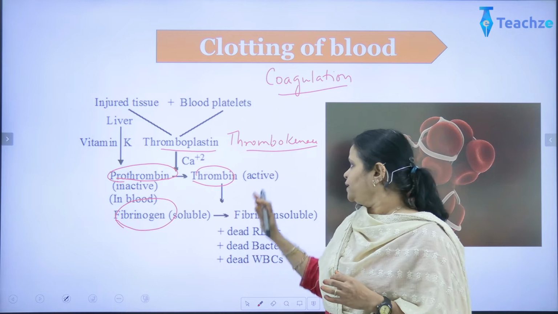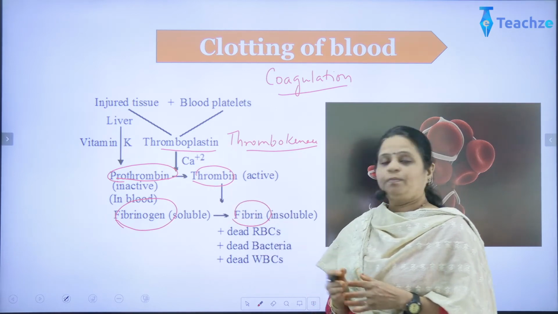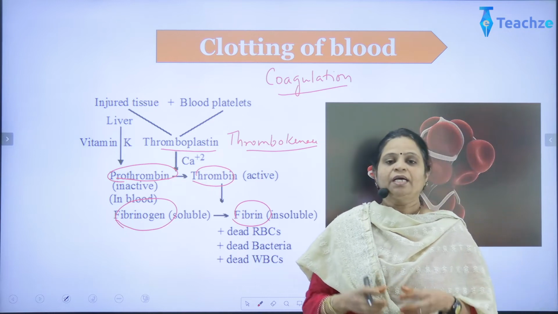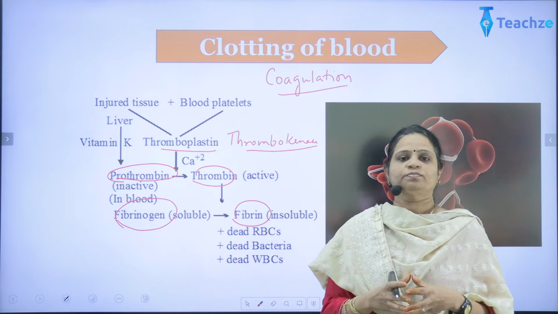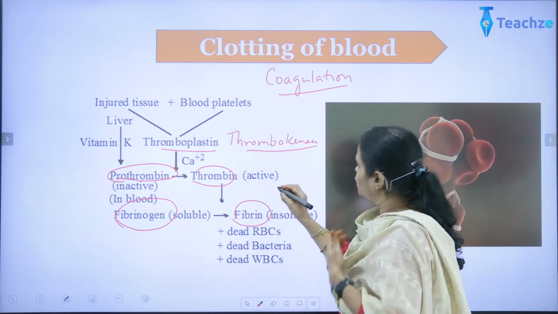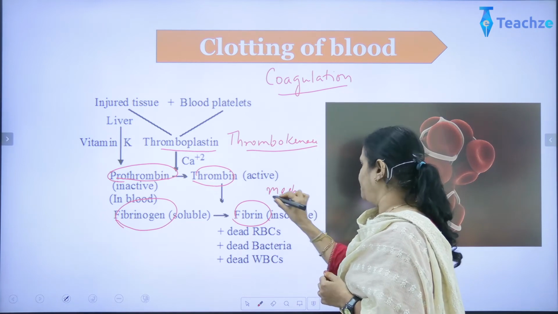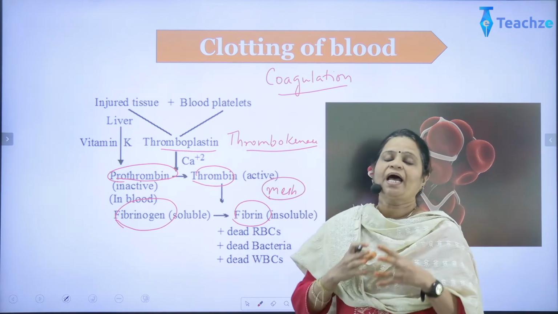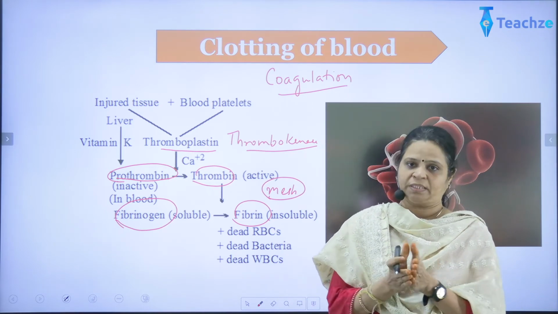Fibrinogen along with thrombin converts into a protein called fibrin. This fibrin comes to the rescue and forms a clot. How does the clot form? The clot forms like a mesh. A network or mesh-like structure is formed at the site where clotting takes place. That mesh will stop the loss of blood.